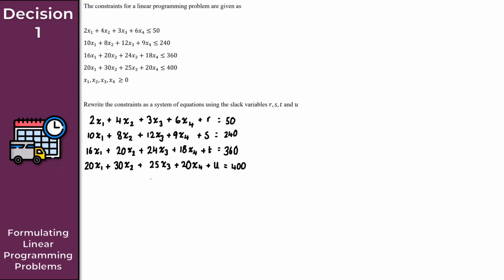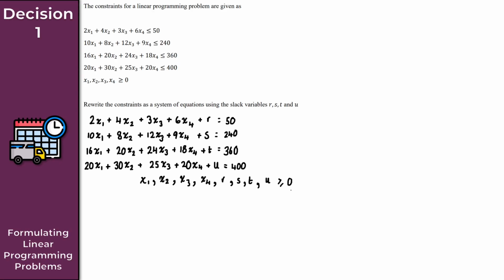So underneath, what I'm going to get is x1, x2, x3, x4, and like we just said, we also include the slack variables. So r, s, t, and u, all of these must be greater than or equal to 0 as well.